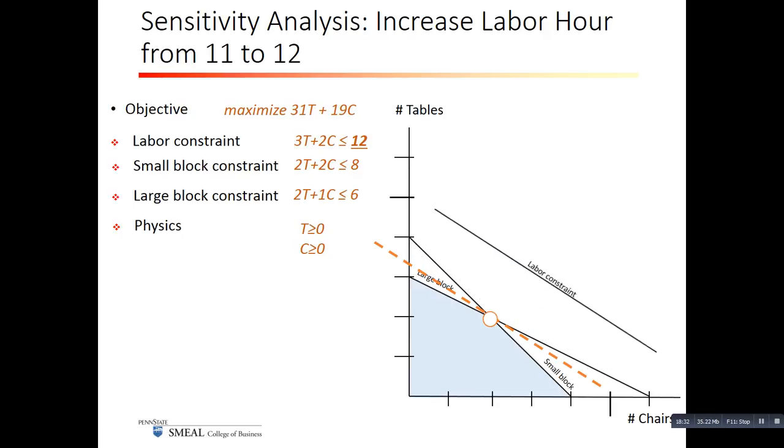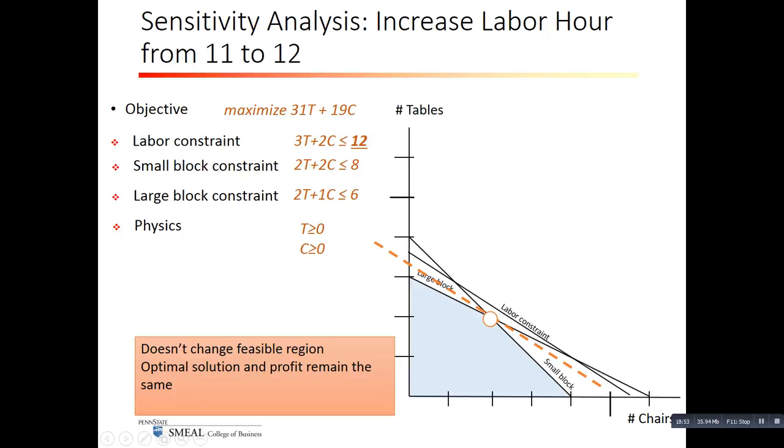But since the labor constraint is not binding, meaning you don't actually use up all the labor you have, hiring additional labor would not influence your solution. So the optimal solution and profit would remain the same.